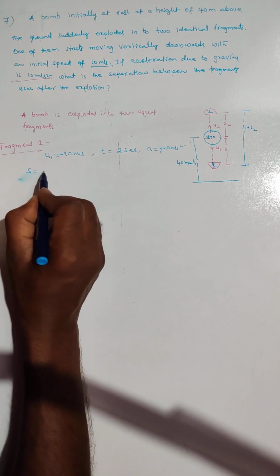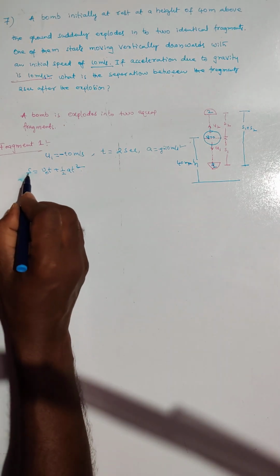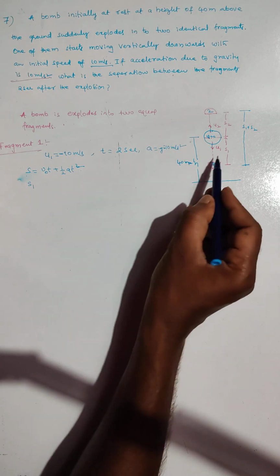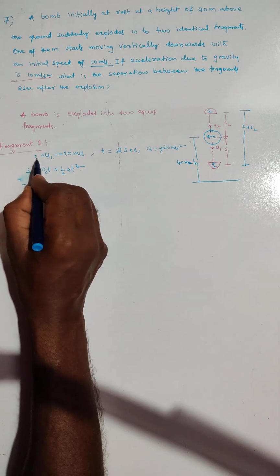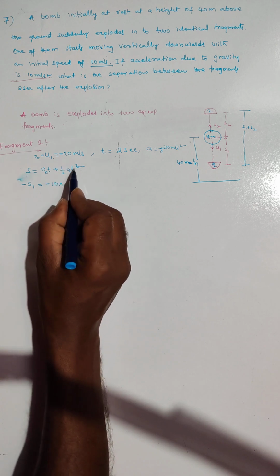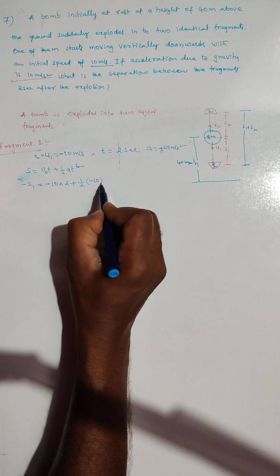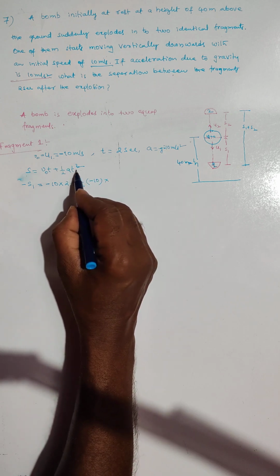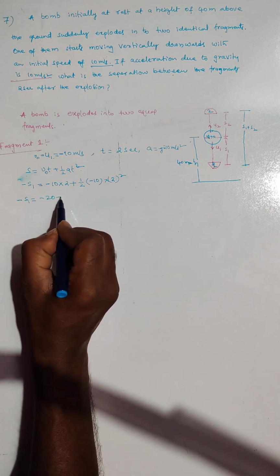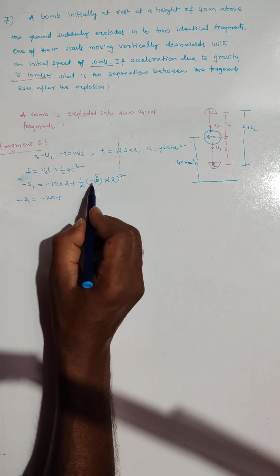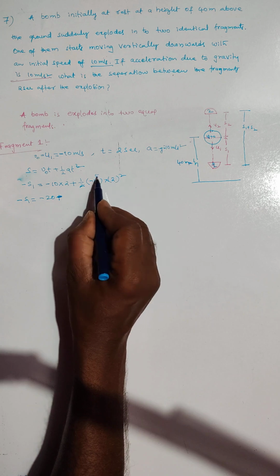From the formula S is equal to v naught t plus half a t square, S1 is equal to u1, that is minus 10, into time 2 seconds, plus half into a equals minus 10, into t square, 2 squared. So minus S1 is equal to minus 20 plus half times minus 10 times 4, that is minus 20.